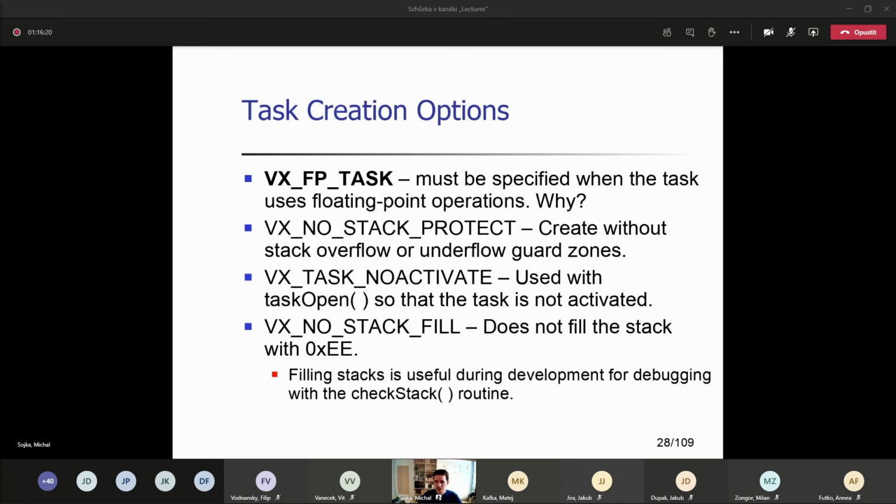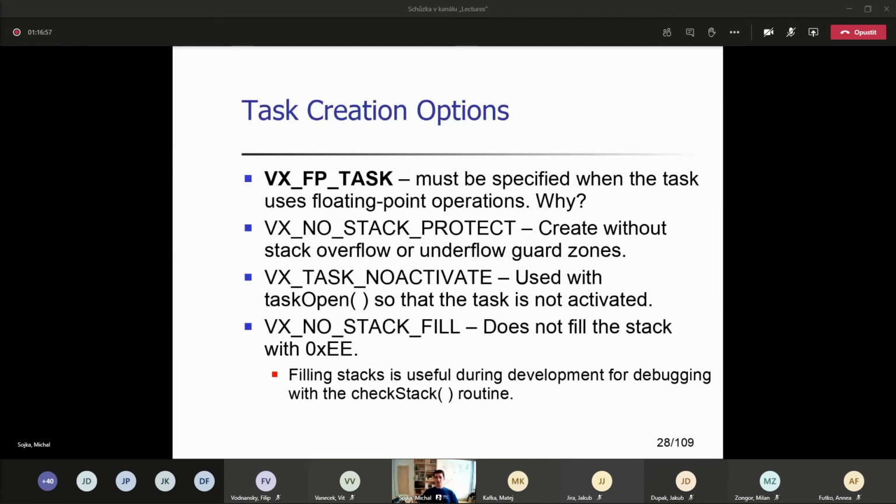So VxWorks always saves and restores the floating point registers, but only for tasks which have VX_FP_TASK set, because for many real-time applications it's sufficient to use just integer operations. You don't need floating point operations, and it's not necessary to save and restore those floating point registers for everybody.